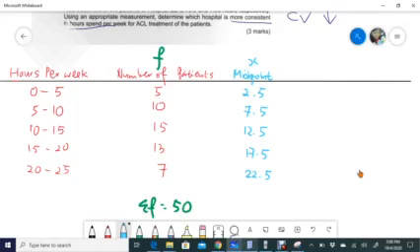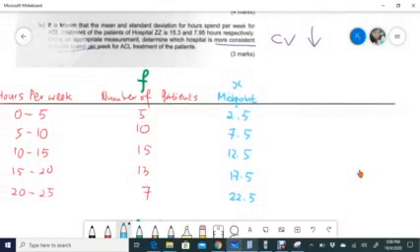Is it okay? If not, you just use your calculator. It's not a problem at all.